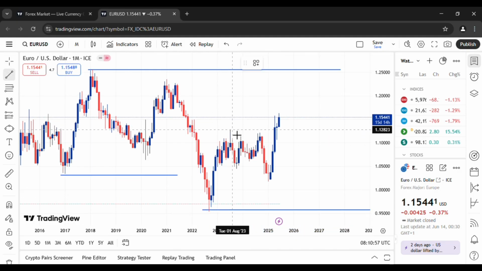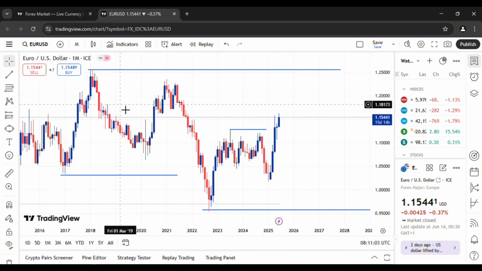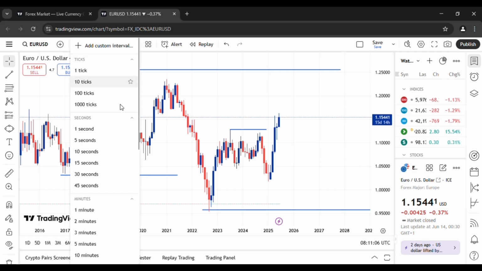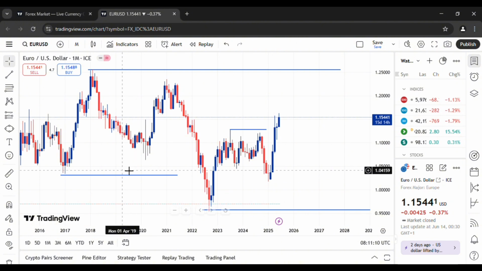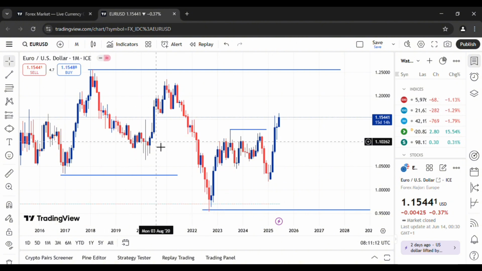We have actually seen that price has taken out this high, showing an intent to want to go bullish. That is what I just established on my higher time frame, which is monthly. So we might be aiming for these highs, right?